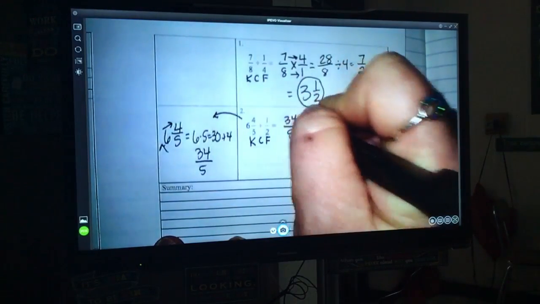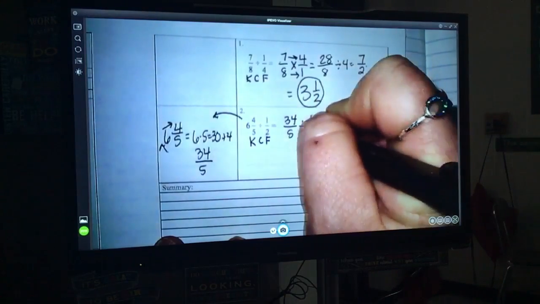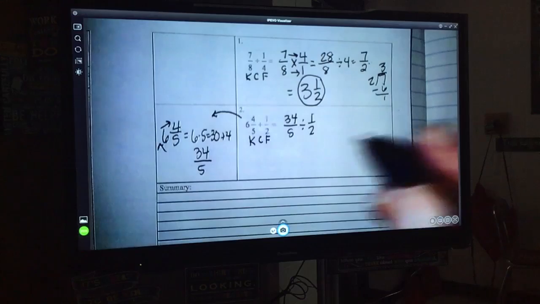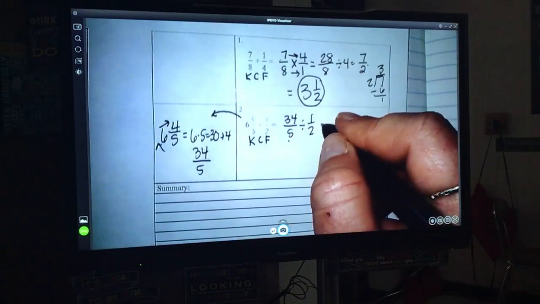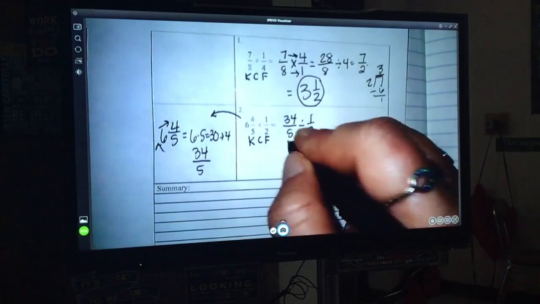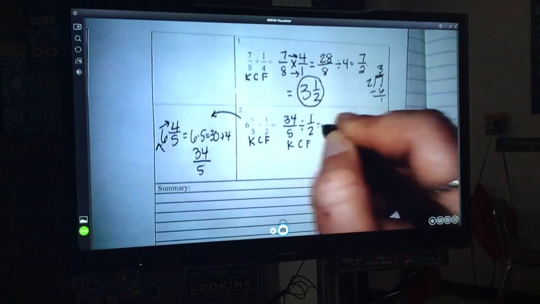Alright, someone else walk me through this next process. Milo, thank you for volunteering. Okay, which means what?